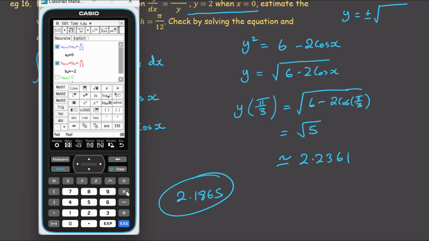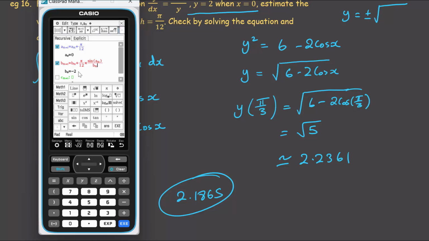And multiply that. The differential equation is sine x over y, like so, except we don't use x and y. The x is an a and the y is a b, like so.